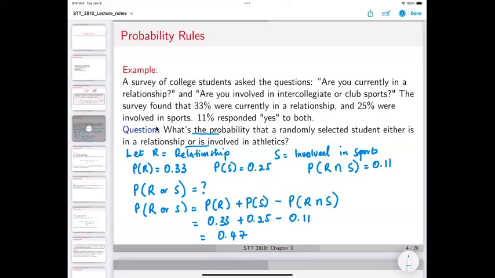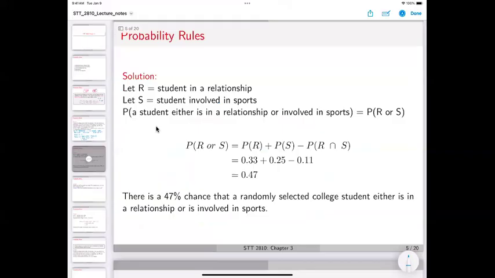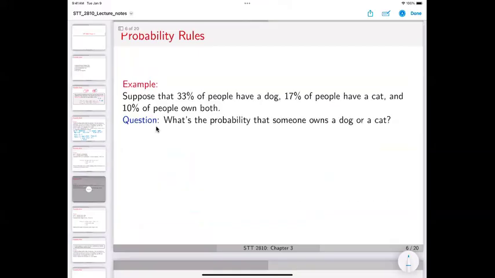Is that okay? So you see how we implement the addition rule. Does that make sense? Good. So this is the solution. It is the same thing I have done here. Now, I want you to try this and then compare it with your friend sitting next to you. Compare your answers and then we will do it together. So try to do this.